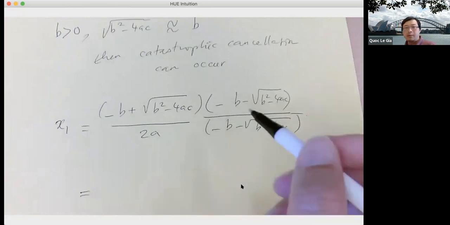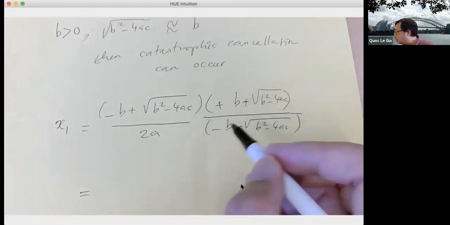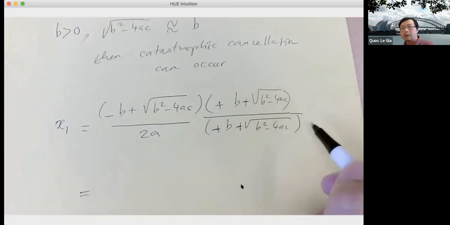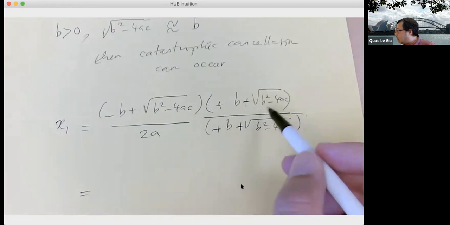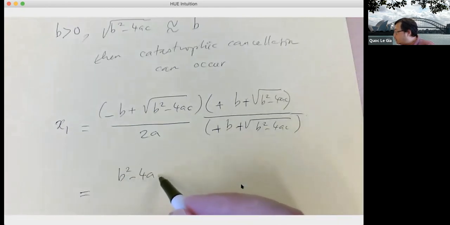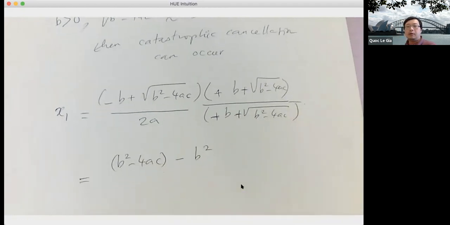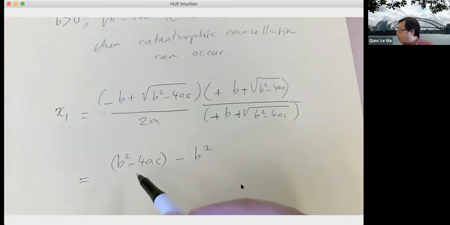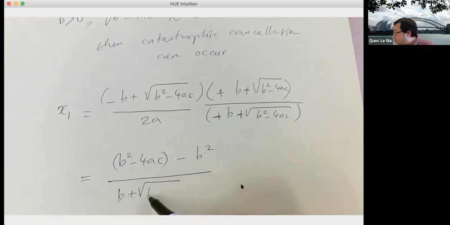So maybe a plus is better. Then the top will be b squared minus 4ac minus b squared. And the bottom is just b plus square root b squared minus 4ac times 2a.